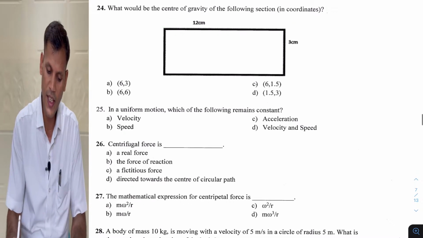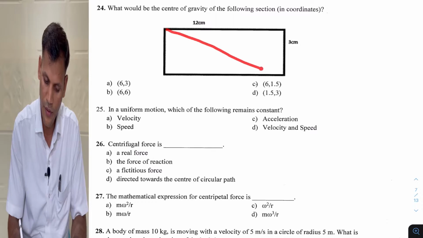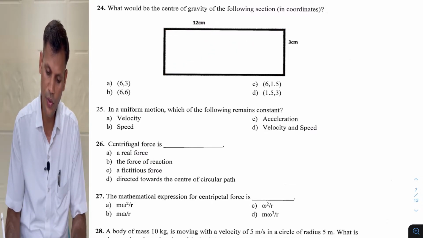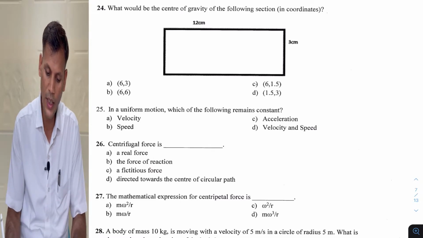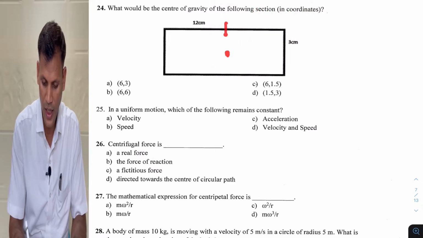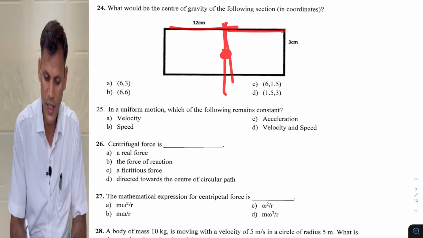What would be the center of gravity of the following section? Of course it will be where its diagonals intersect each other. So we have to calculate it. This point will be the center of this one. So the center of this one is 6.